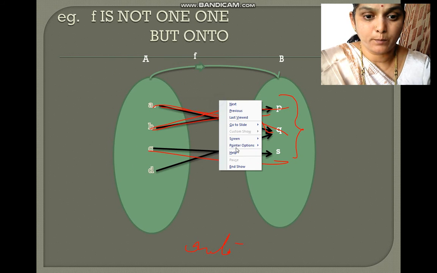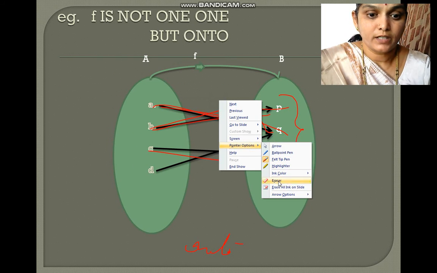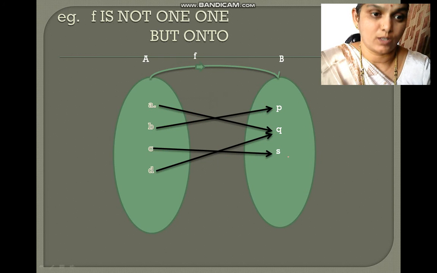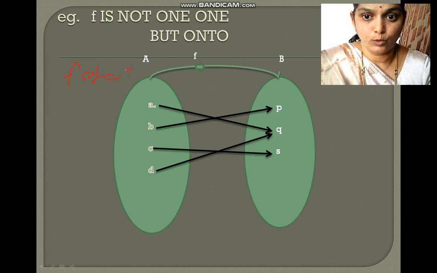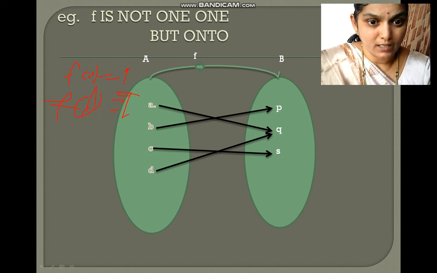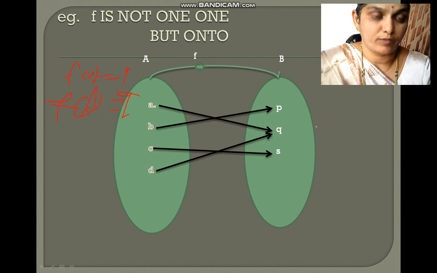In this example, what happened? Here, it is not 1-1 but it is onto, because f of A is Q and f of D is also Q. This means the image is the same for two different elements.